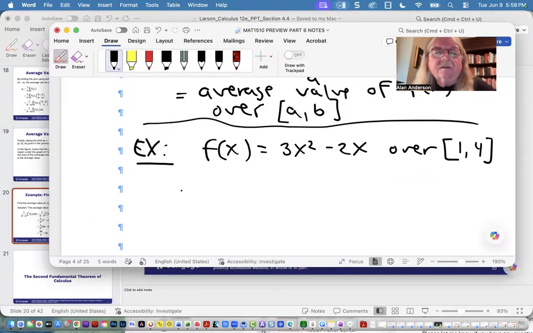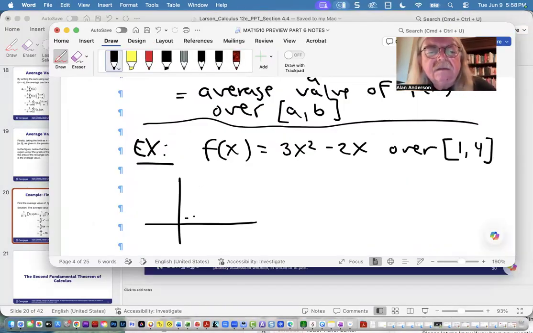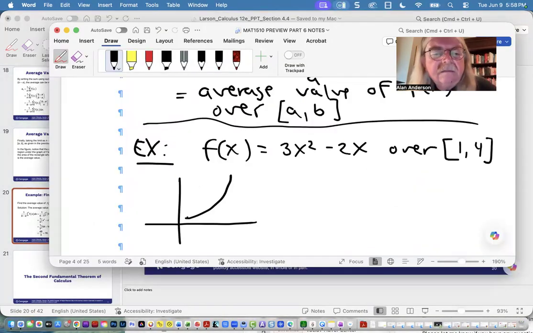And so the average value, and the graph is right here, so I don't have to go look it up. This is what it looks like. And the endpoints are 1 and 4.